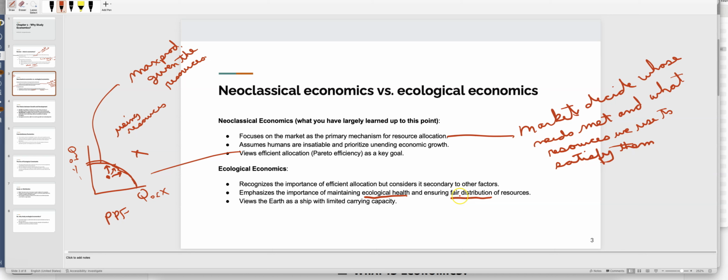Let's start with the second one first. Fair distribution of resources. What is fair? Well, that would generally involve some kind of principle or some value judgment that doesn't exist in mainstream economics. I talked in the earlier thing about that Small is Beautiful book, the idea of Buddhist economics.